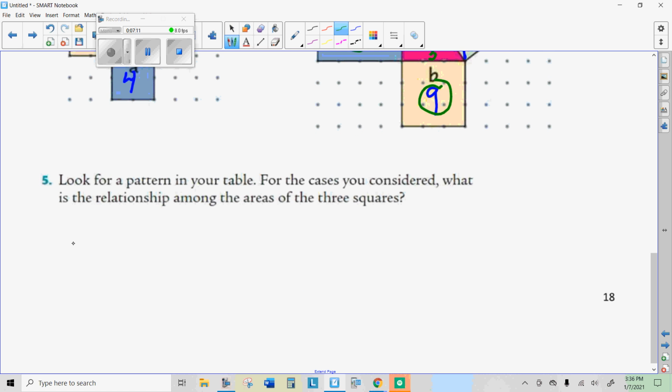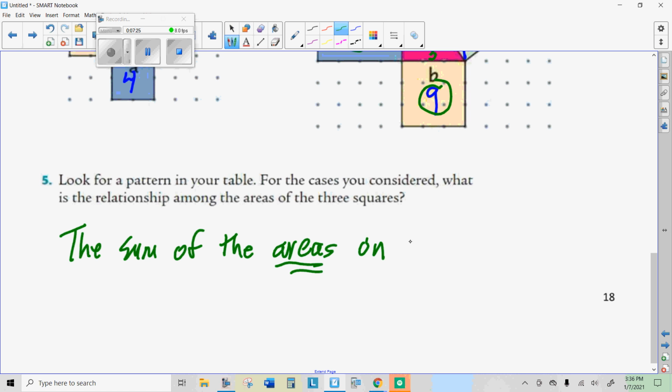The sum of the areas, got to remember that these are areas now, otherwise you'll make mistakes when you use the formula. The sum of the areas on the 2 legs, remember the legs are the sides that make the right angle.